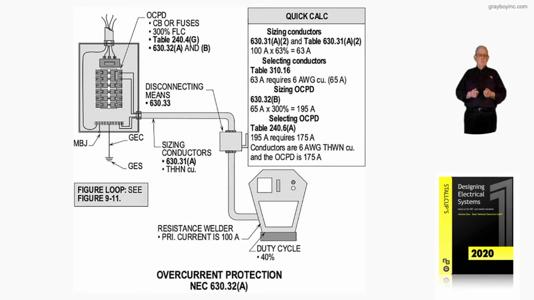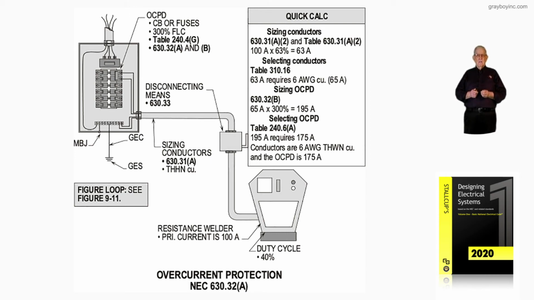Now, the quick count for sizing the conductors first. We would look at 630.31A2 and table 630.31A2, and we would find for a 40% duty cycle, we would get a 63% demand.